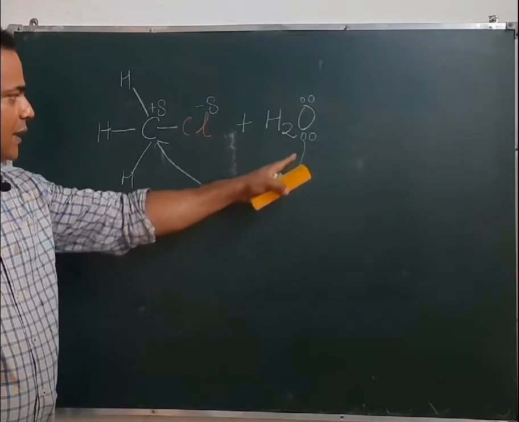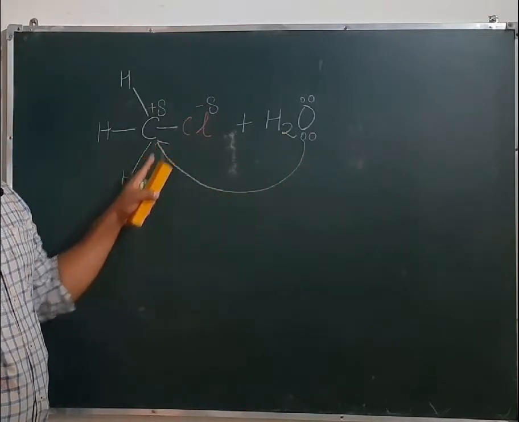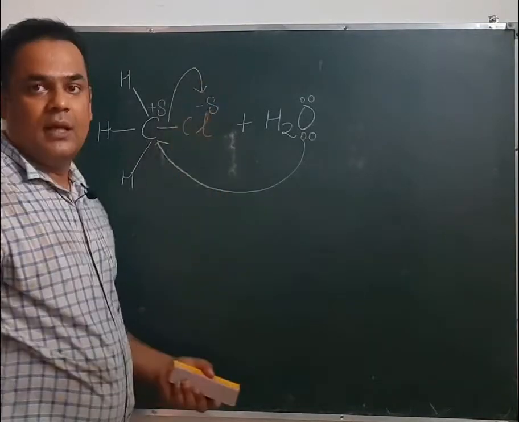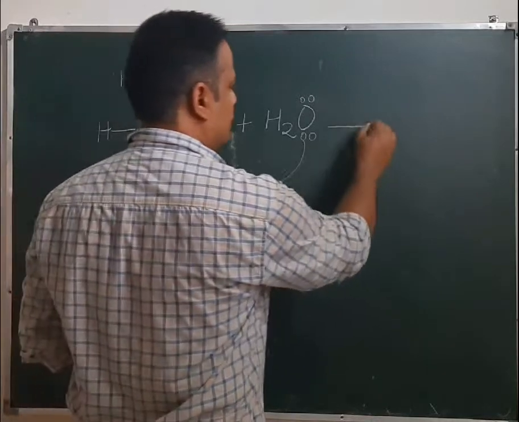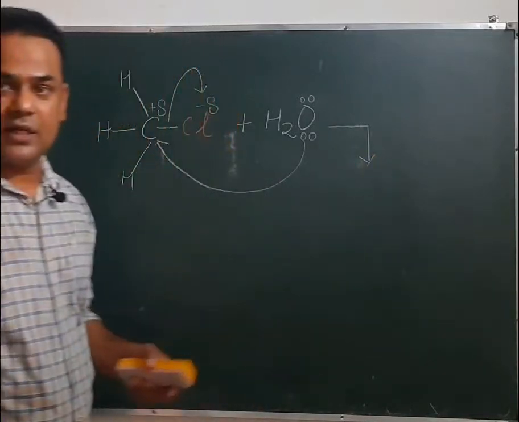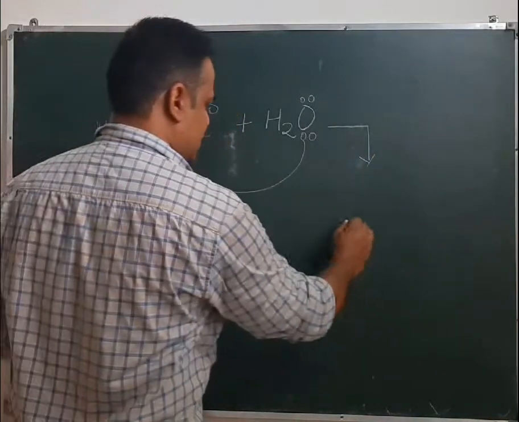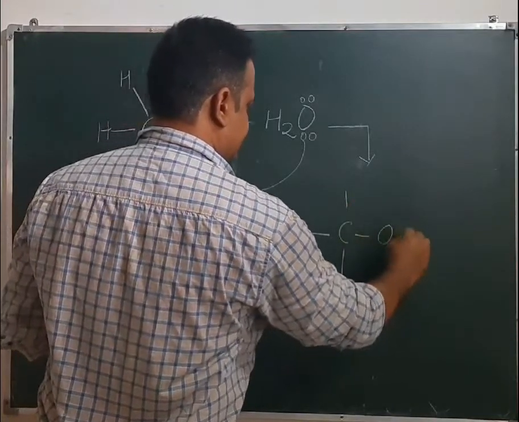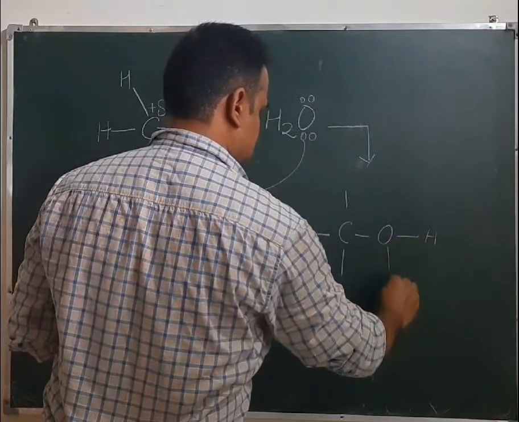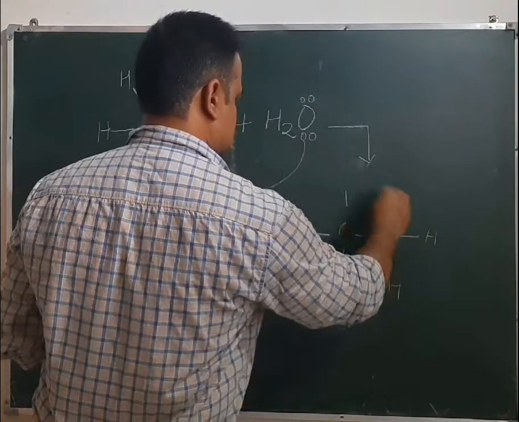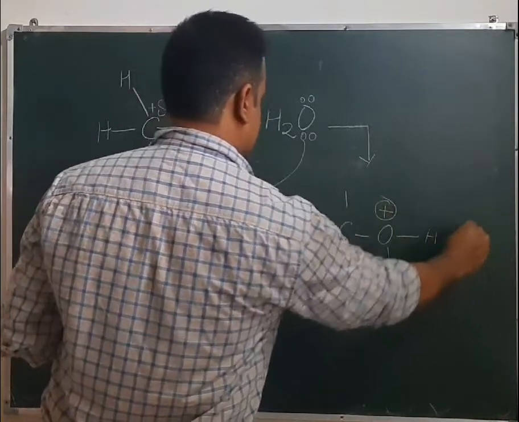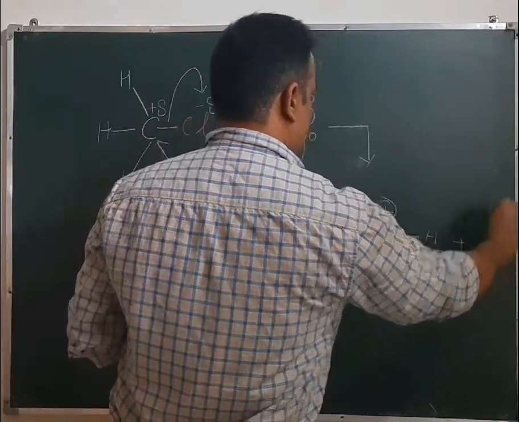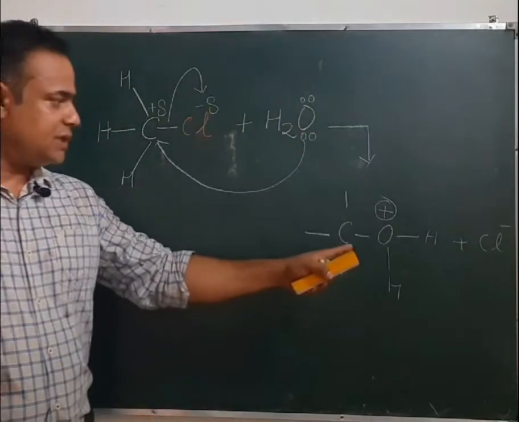So the nucleophile will approach this carbon atom, the C-Cl bond will break, and there will be formation of a transition state, and that transition state is, with the oxygen positive, plus Cl minus.